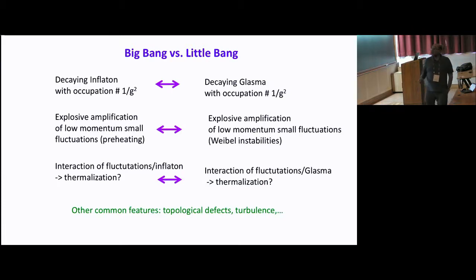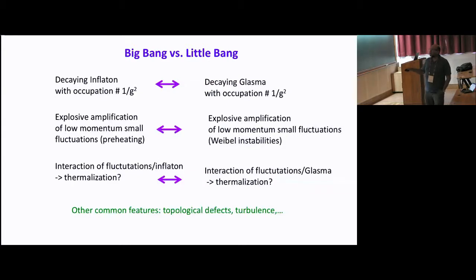Now, there are other common features. In the Big Bang, the early universe is littered with things like topological defects, and turbulence is thought to play an important role in the thermalization of the early universe. Likewise, there are similar things going on in the plasma, which we don't completely understand, and that's a current topic of study.